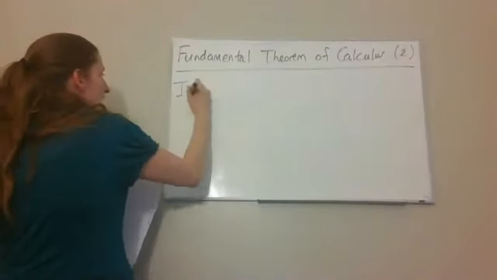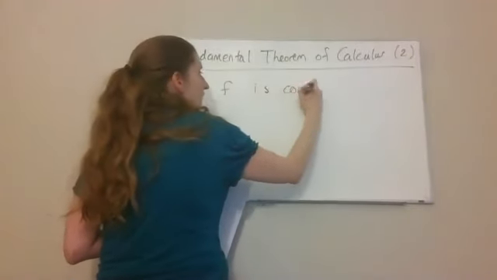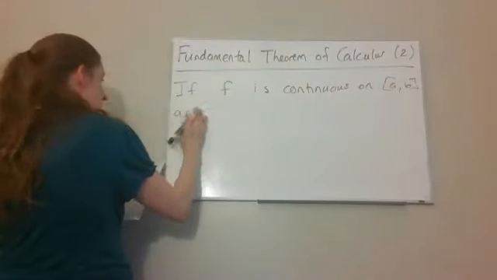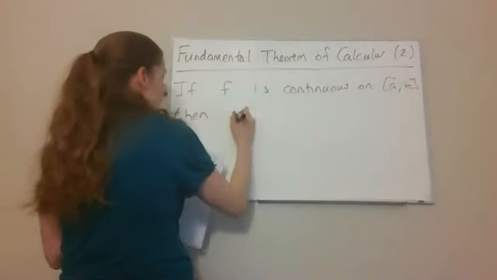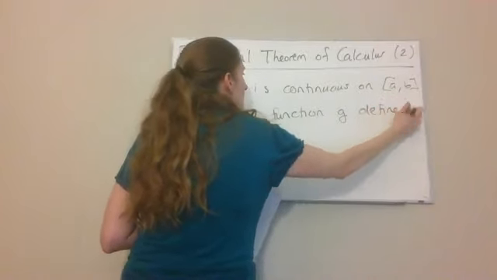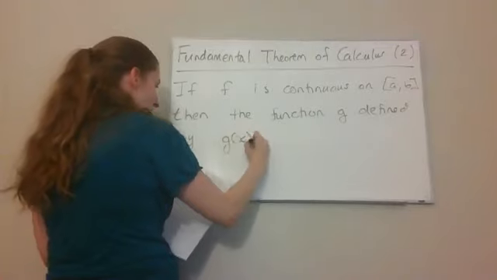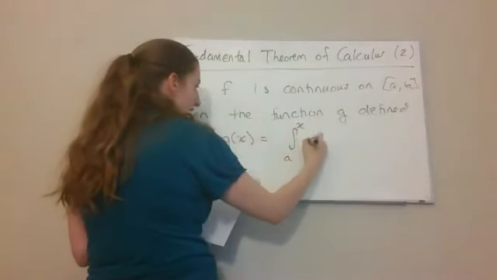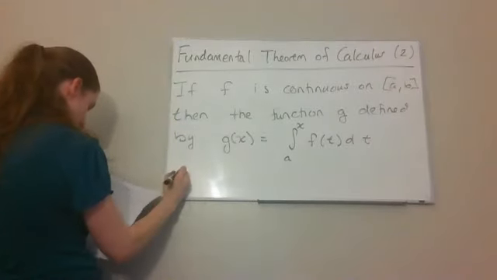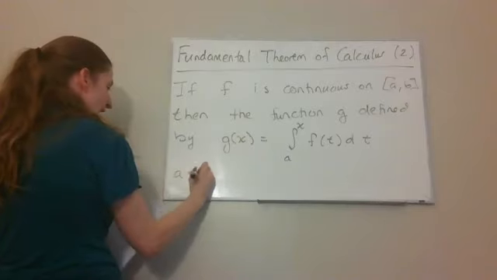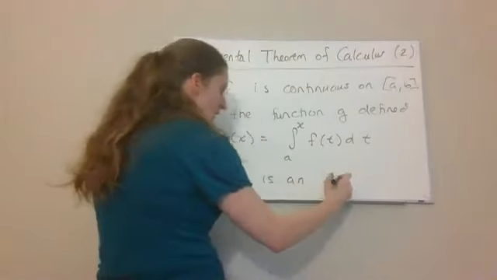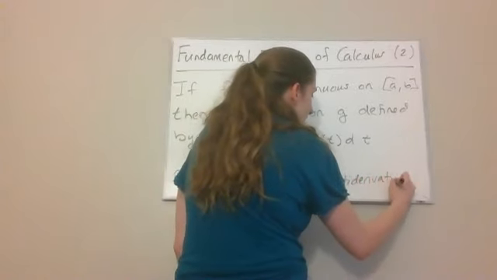Says that if f is continuous on [a, b], then the function g defined by g of x equals the definite integral from a to x of f of t dt, for a less than or equal to x less than or equal to b, is an antiderivative of f.